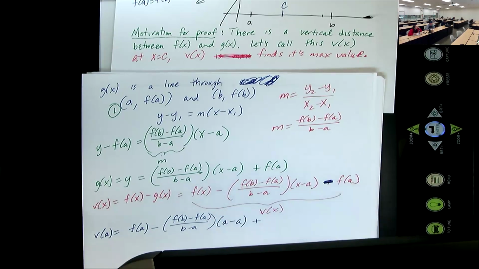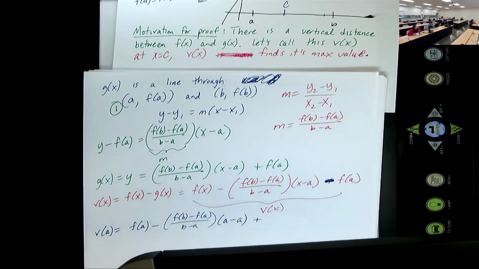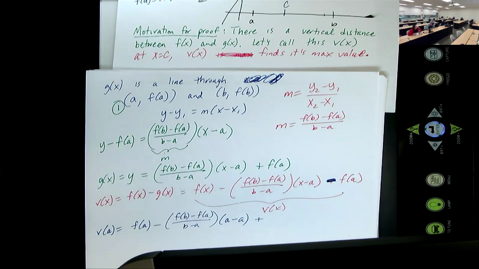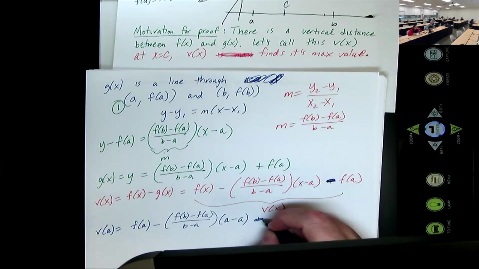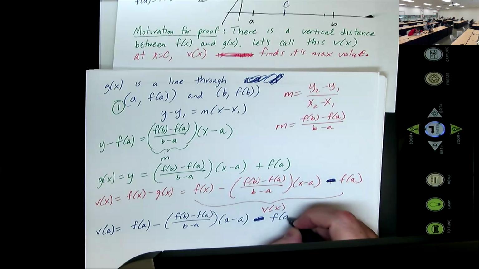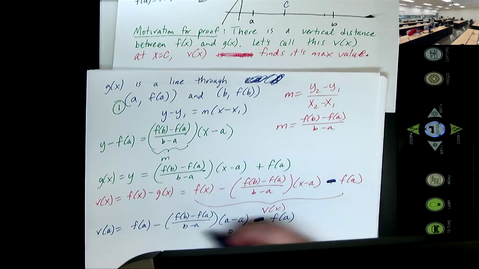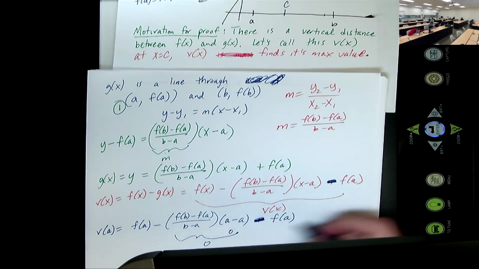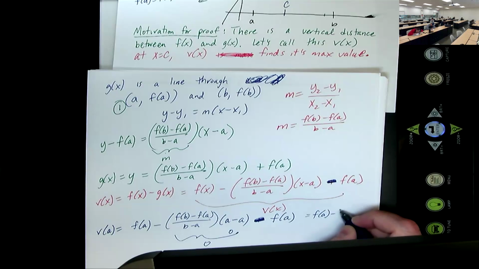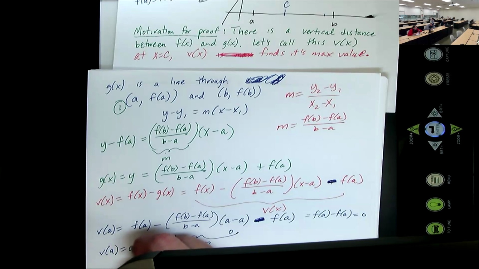Sorry. We're subtracting g of x, so everything in this has to be negative. That's what was wrong. I didn't distribute, I was sloppy. And this is 0, so that's 0. And we get f of a minus f of a is 0. So b of a equals 0.